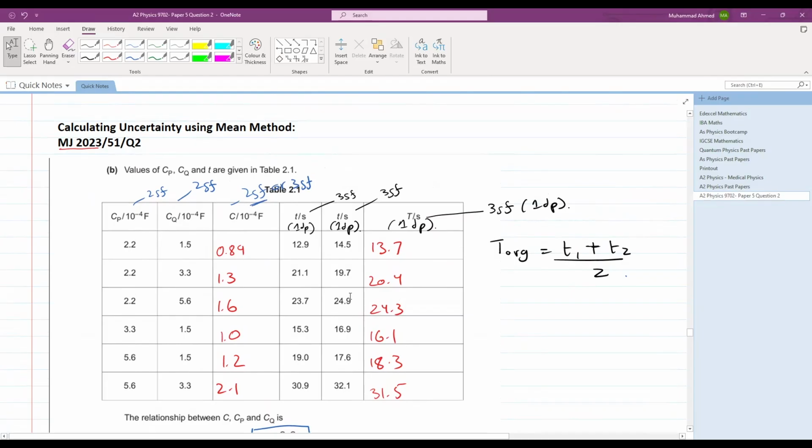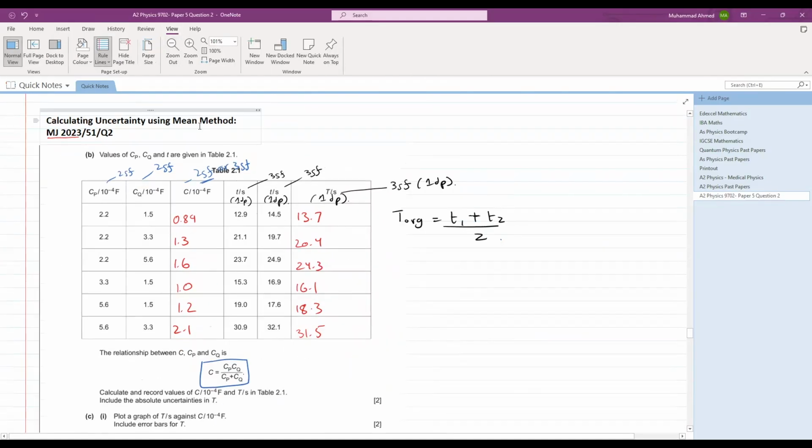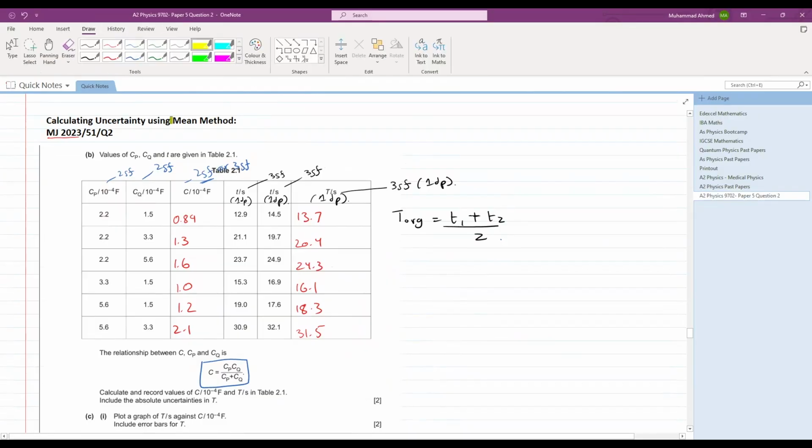Okay, now let's move on to a unique style of questions that paper 5 sometimes asks us. That is calculating uncertainty using the mean method. So if I give you a brief overview of the experiment that is happening here, we are taking two values of time, t1 and t2.